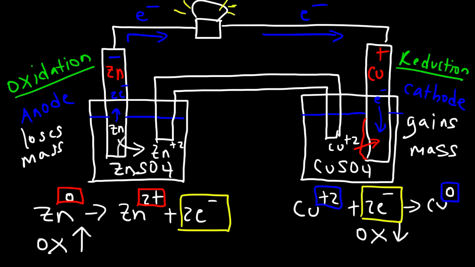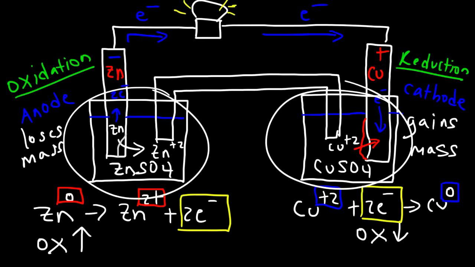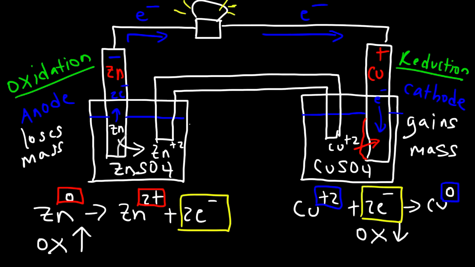As electrons flow from anode to cathode, this solution becomes positively charged and this one becomes negatively charged. To relieve that, the ions flow through the salt bridge to the other solution. The zinc cations are going to flow towards the cathode. Cations, cathode, makes sense?